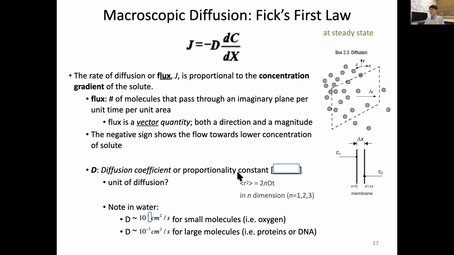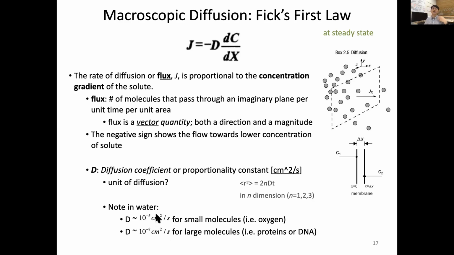From previously, we remember the unit of diffusion is length squared over time, typically centimeter squared per second. It's good to know the typical diffusion constant in water: for very small molecules like oxygen, it's usually 10 to the minus 5 centimeter squared per second.